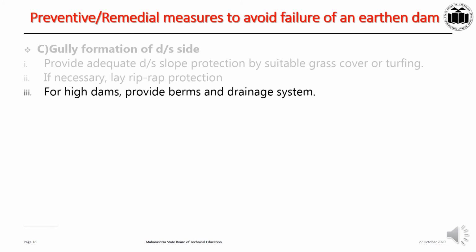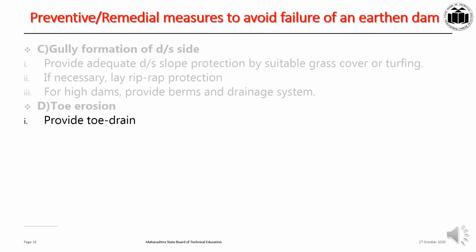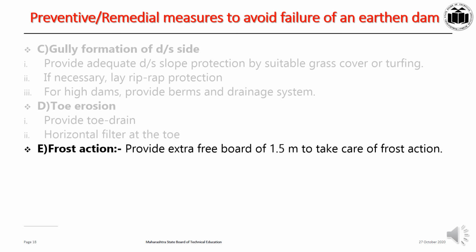Then, for high dams, provide berms and a drainage system. We also learned about berms in the previous lecture. If you provide proper berms and proper drainage, then such types of hydraulic failure may be avoided. Then toe erosion. Provide a toe drain and a horizontal filter at the toe, then we can avoid toe erosion.